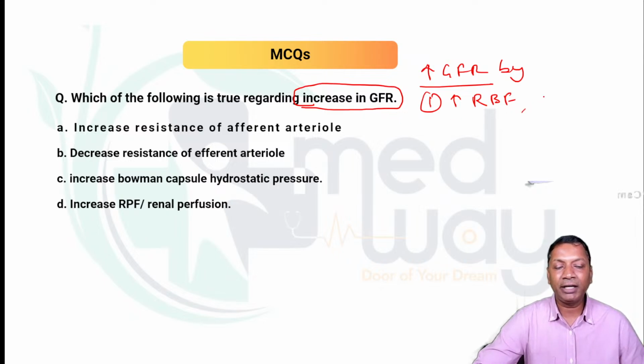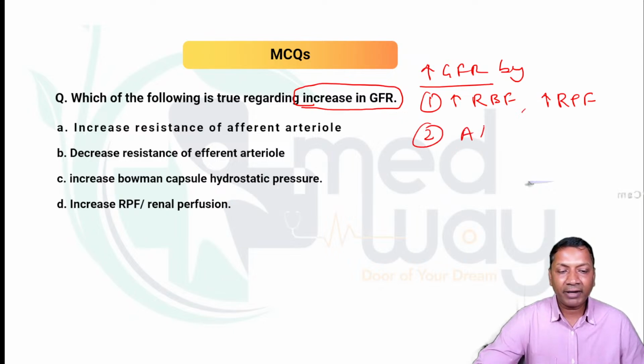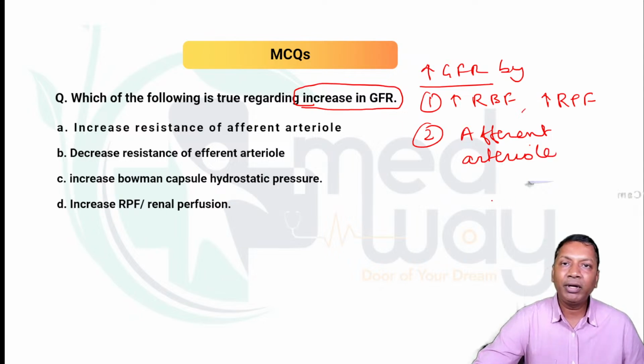Or you can say that when the renal blood flow increases, there will be an increase in the renal plasma flow also. The second factor which will increase the GFR is afferent arteriole dilation.